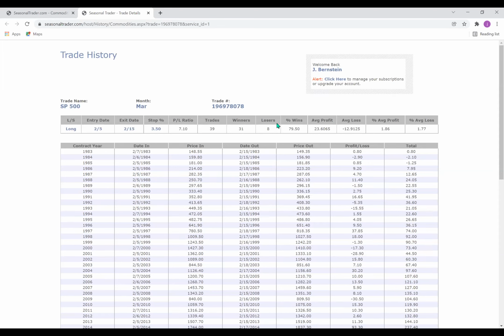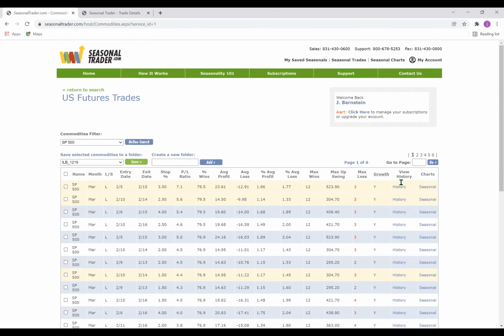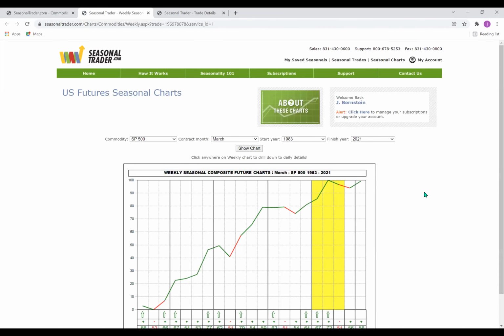So let me go back one window for just a second and show you something else. One moment, please. I want to look at the seasonal trade. So here is the chart that shows the seasonal trade. It will take a moment to come up. Here it is.